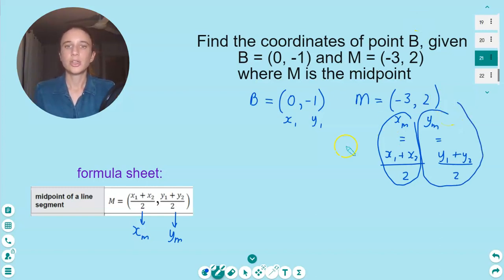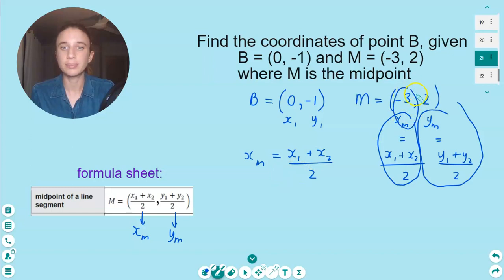All right, so let's try it out. First of all, I'm going to use this one on the left and write it horizontally. xm equals x1 plus x2 over 2. And then I'm very happy because I realize I have xm.